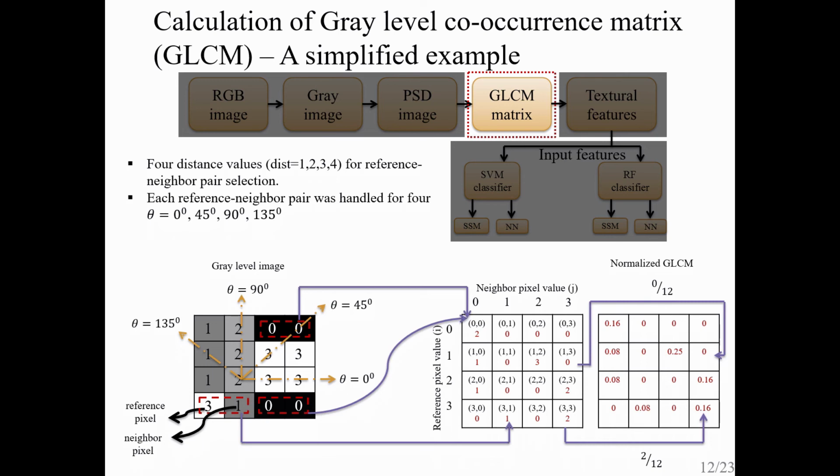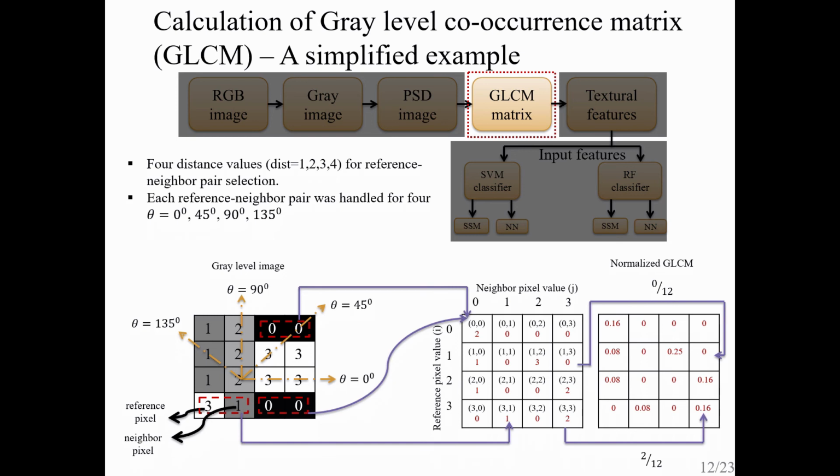pairs depending on 4 different angles and 4 different distance values for this study. And then in terms of fast classification purposes, we normalize our co-occurrence matrix. As you can see, for example, in the top left box, we count the 2 number, which means 2 repeated 0 values occurred in this case.